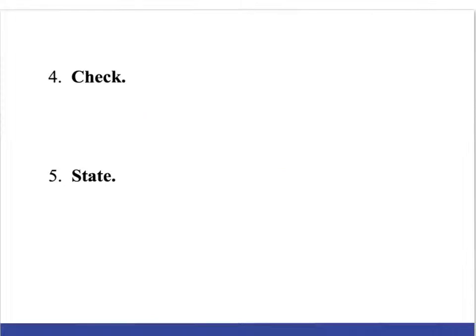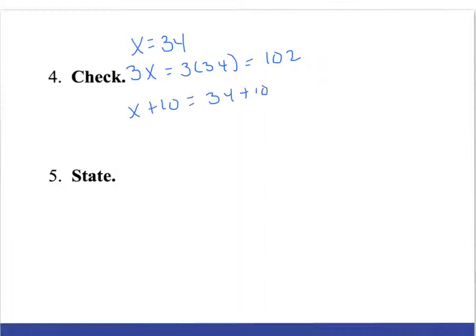So the last thing it says to do is to look at the measurements and to double check. So I'm going to say the first one, x equals 34. The 3x is going to equal 3 times 34, which is 102. And then the third one is x plus 10, which is 34 plus 10 equals 44.